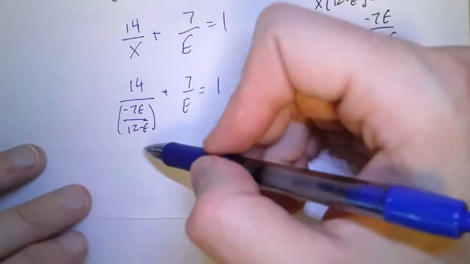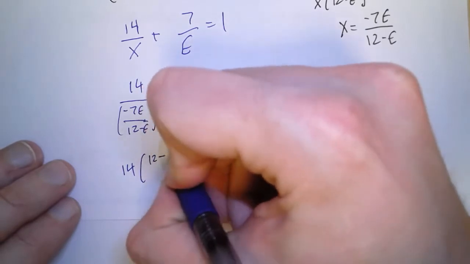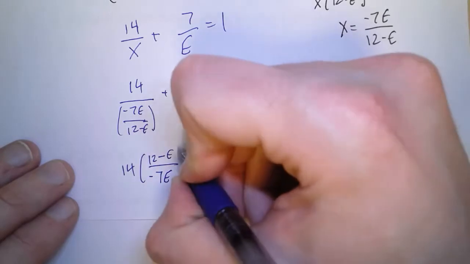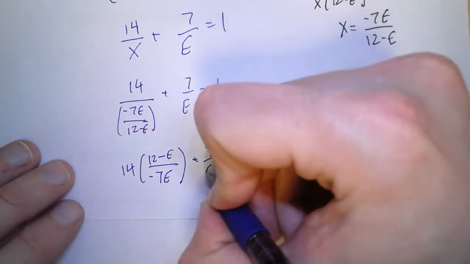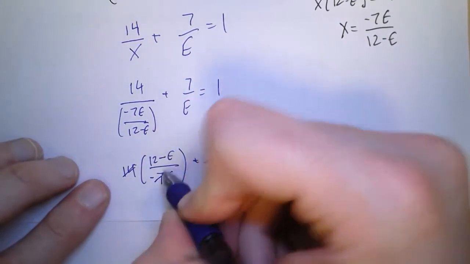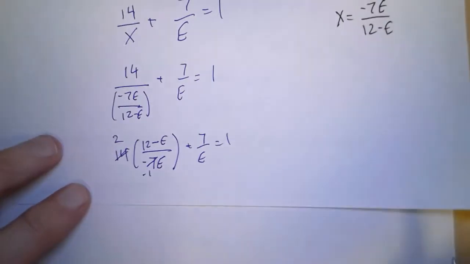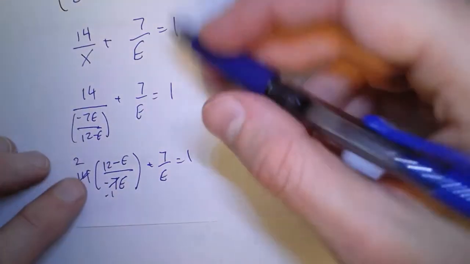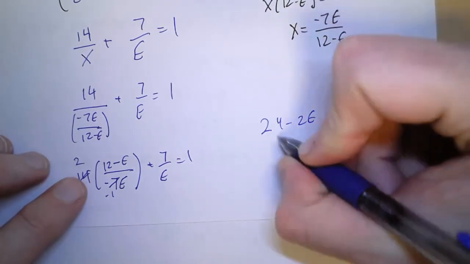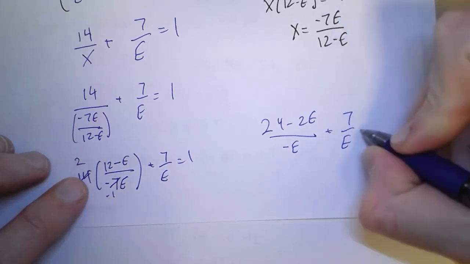Now here we're dividing by a fraction, so what we can do is we can multiply by its reciprocal, 12 minus E over negative 7E, plus 7 over E equals 1. And we have 14 and 7, and that cancels, leaving a 2 and a negative 1 down below. Now if we distribute that 2 in, we get 24 minus 2E all over negative E, plus 7 over E equals 1.